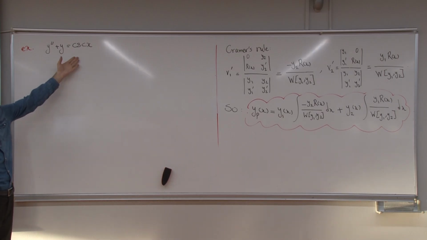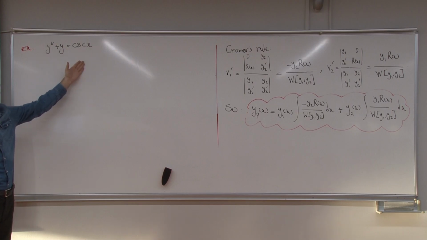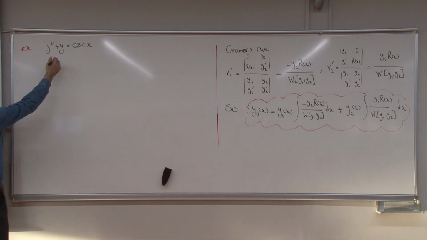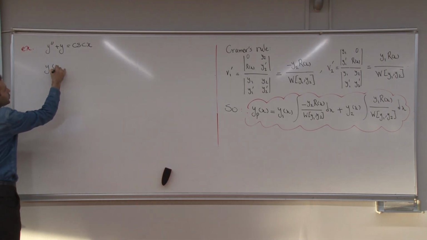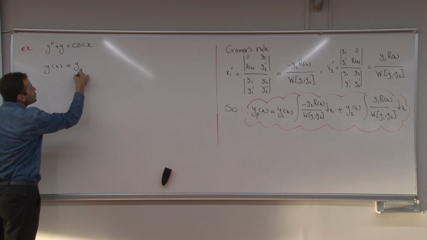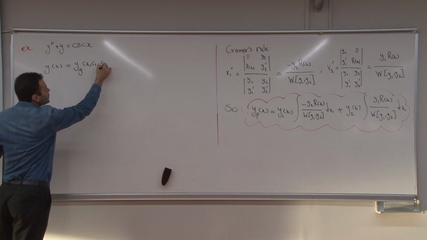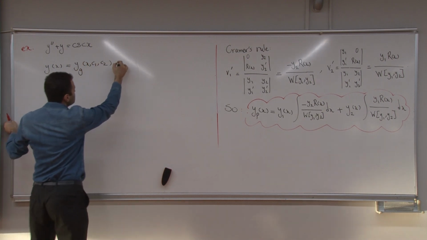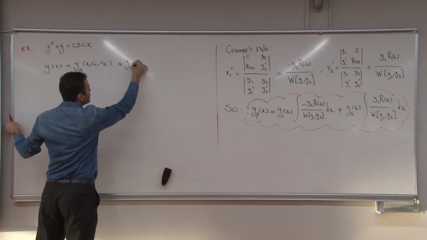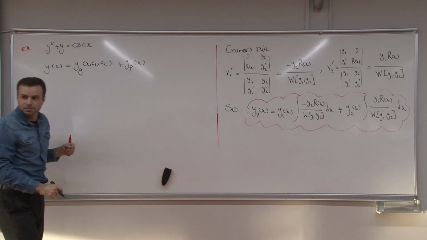What is our r of x? Cosecant of x. So is this a homogeneous equation or not? No, it is non-homogeneous. So the solution is coming in the form of the general solution of the homogeneous equation plus a particular solution, right?